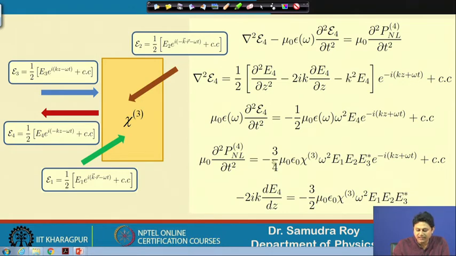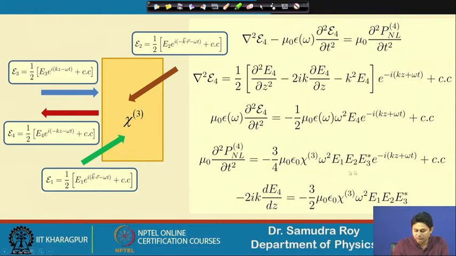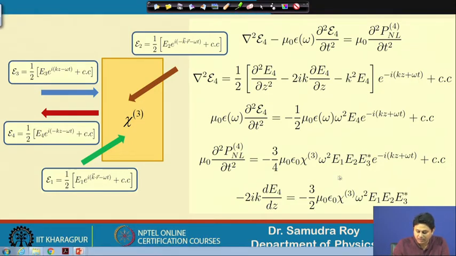So, this 6 and 8 will boil down to 3 by 4, mu 0 epsilon 0 is already there, mu 0 is here, epsilon 0 is already there, chi 3, omega square will come out, and this is the amplitude term, this is the important term. This amplitude term we know it will be E1, E2, E3 star, and this is the corresponding phase.